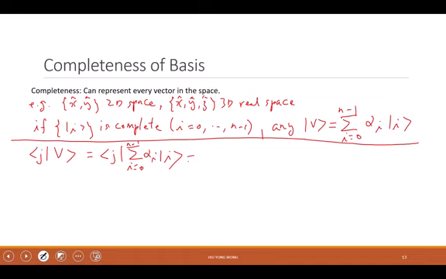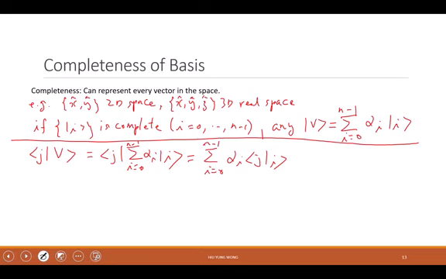So this is equal to the sum over I from 0 to n minus 1 of alpha I <j|I>. Do you agree? Because basically this is just a number times the first vector, another number times another vector, plus another number times the third vector, and then an inner product with <j|.